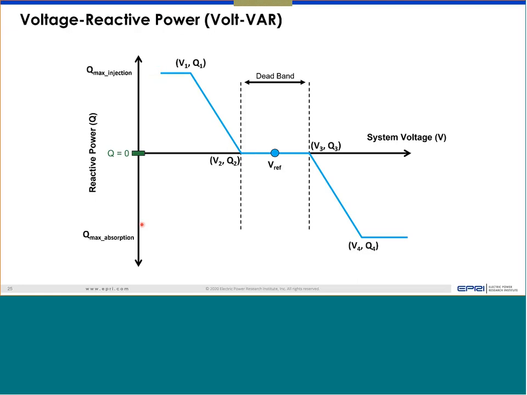there's a question: what are the typical values for the upper and lower limits for V1 and V4? There is no typical. The question is which standard you want to follow. If you go to IEEE 1547-2018, I have to go and check and maybe have it in the afternoon session, this edge is 0.98 and 1.02, so the dead band is plus or minus 2%.